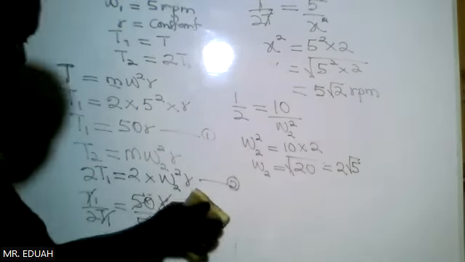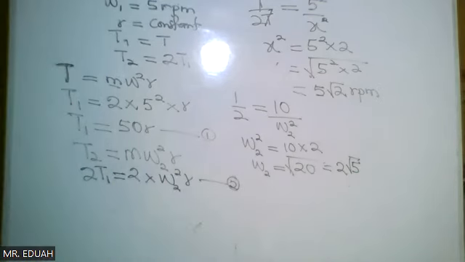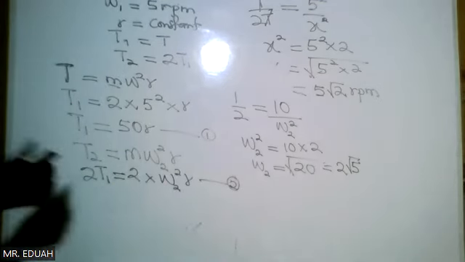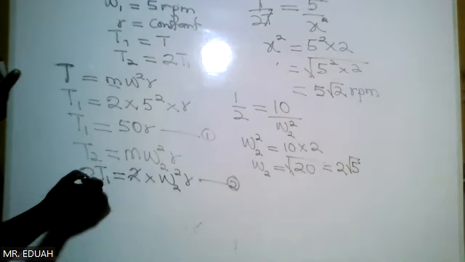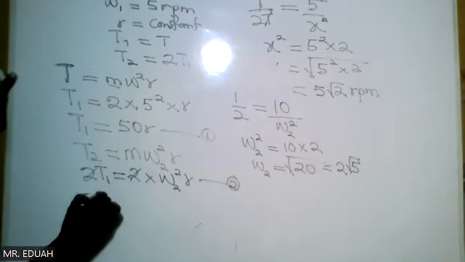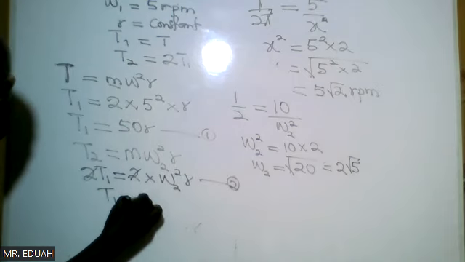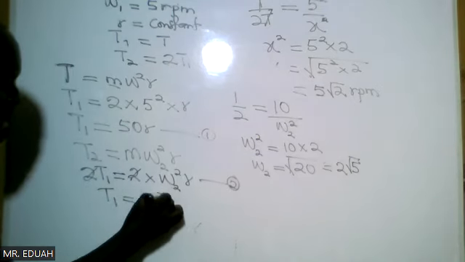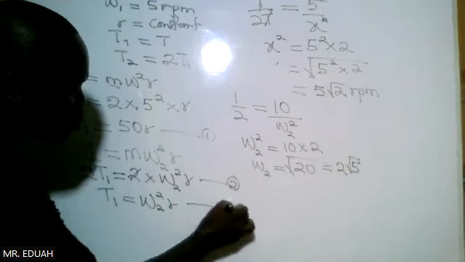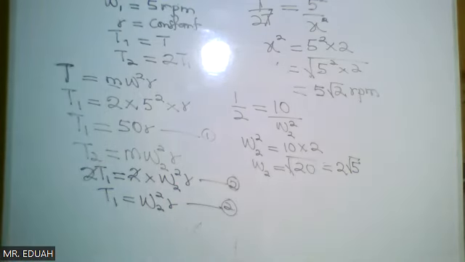So if M is 2, then we'll have T1 equal to omega 2 squared R for equation 2. We just cancelled.